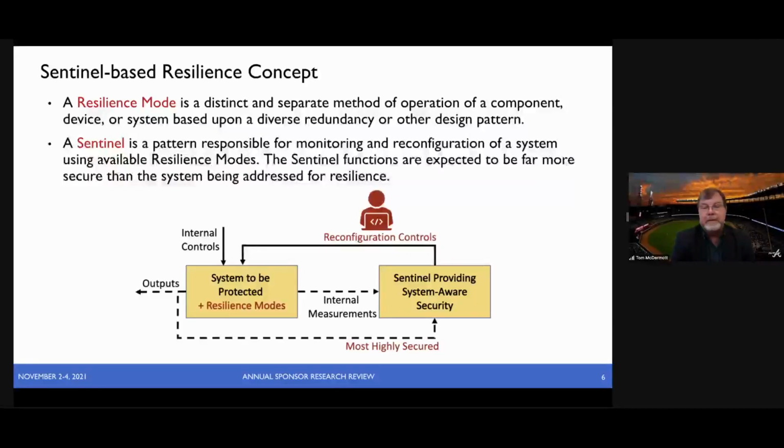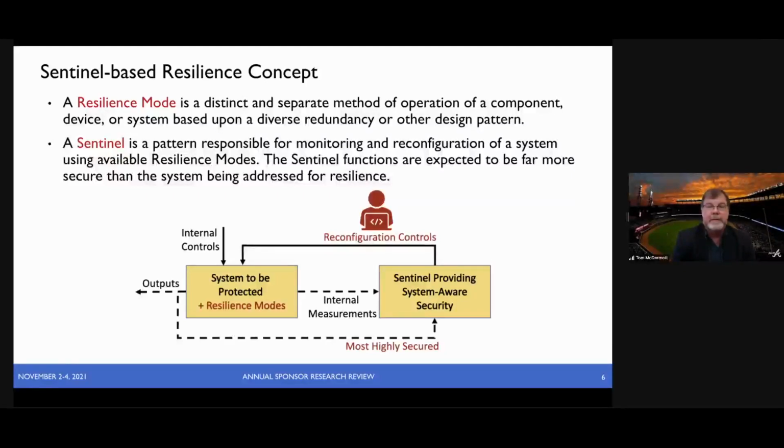The Sentinel measures the behavior of the system, and it provides detection and control if a threat or any type of abnormality is detected. You can apply this thinking in a safety mindset or any other kind of fault pattern. So the Sentinel is responsible for monitoring and recognizing the anomalies in the system, and then kicking off a reconfiguration of the system.